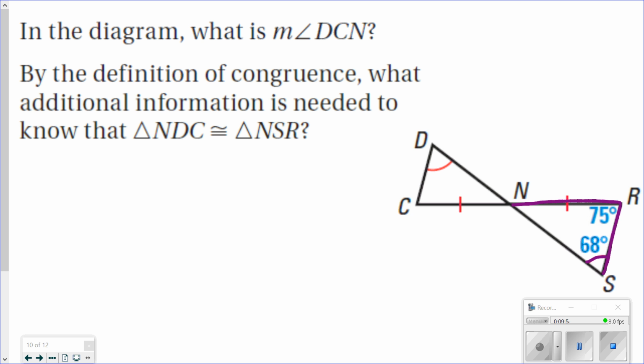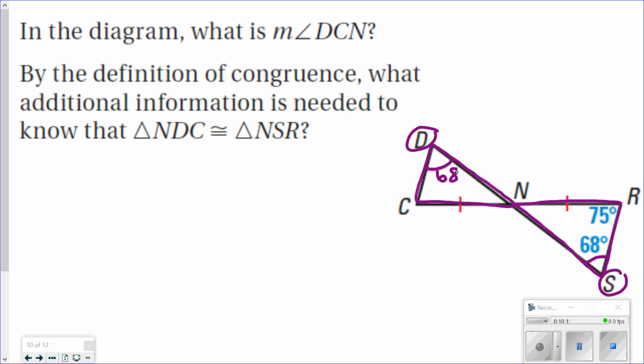Well, if I look at triangle DNC, I also noticed one tick mark. That means that angle D and angle S are congruent. They are the same measure. So this angle here is 68 degrees.